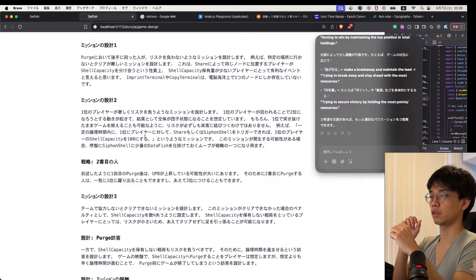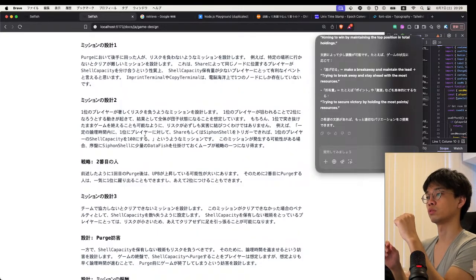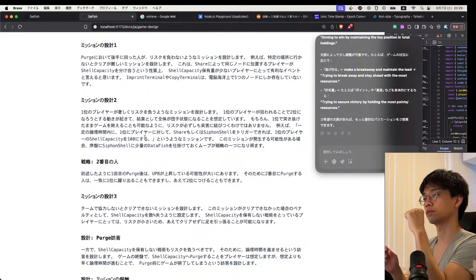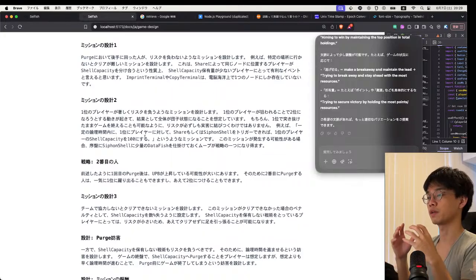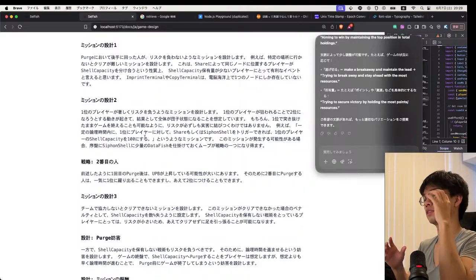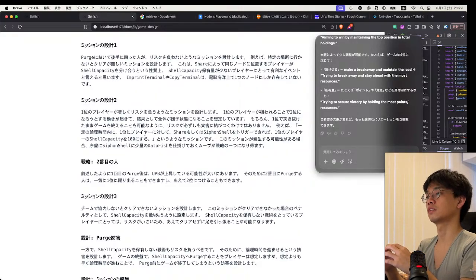So if the top ranked player goes to a certain place, the siphon share might be triggered. If the trigger happens, the amount of share capacity the top ranked player has is reduced to 100, almost zero.